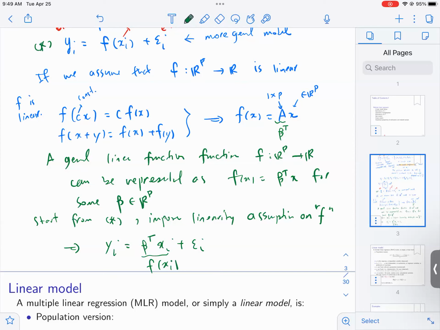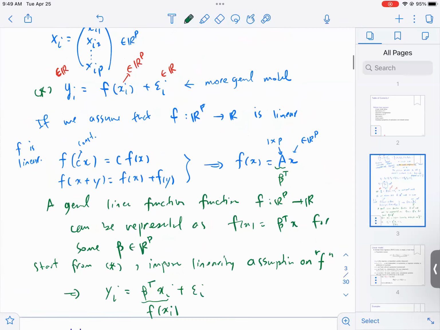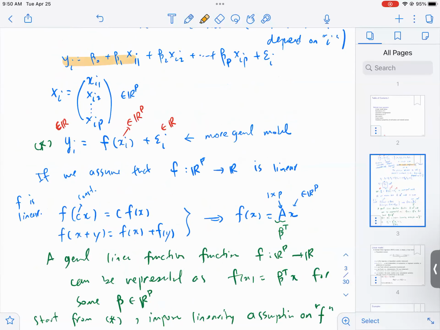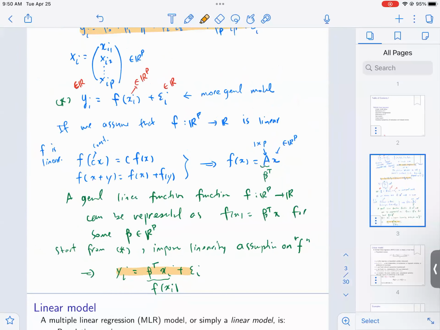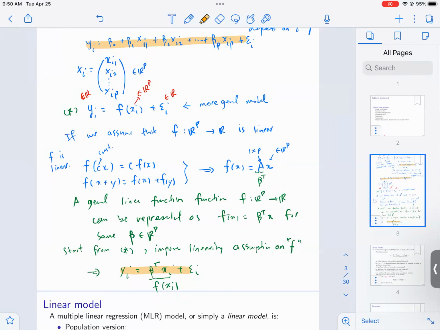So plug it in, we get this, and this expression is exactly the same as the one Alex mentioned. If you look at the one at the top, it is exactly the same as this. Why are the two highlighted? Beta transpose times x is just matrix multiplication.